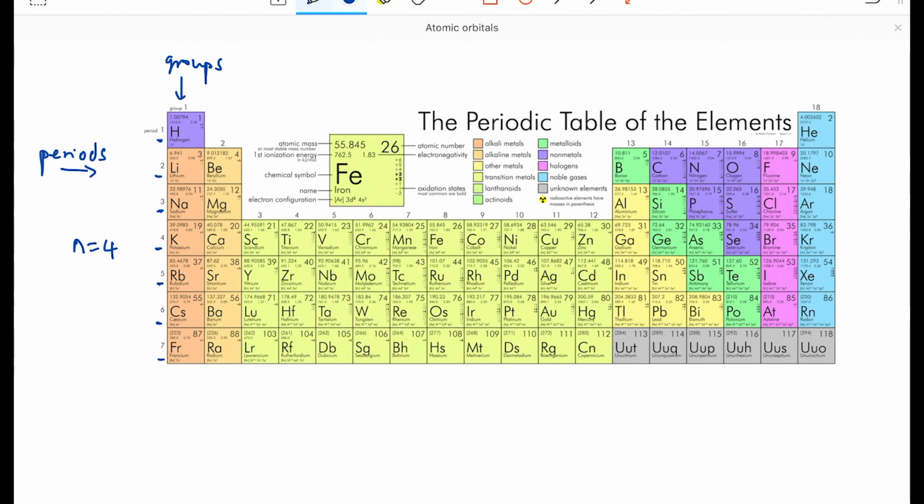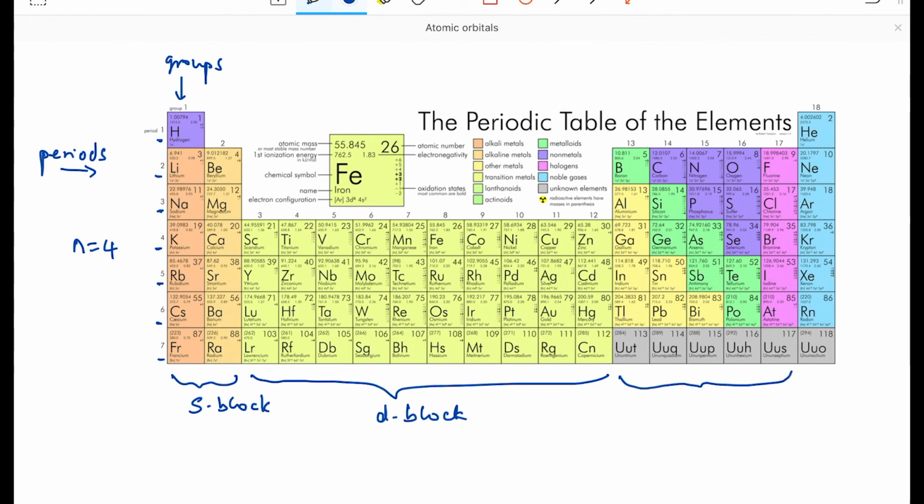Sometimes you might see that these are described as the S block, the D block, and the P block. And that comes from the idea that, for example, in the P block, each of these elements is putting its final, its last, its outermost electrons into p orbitals.